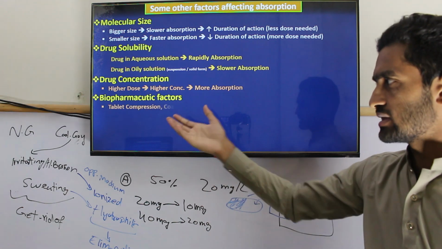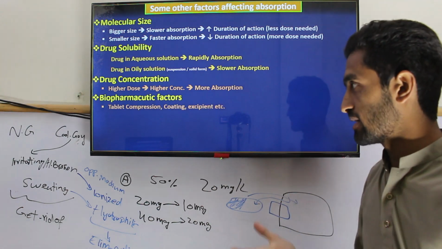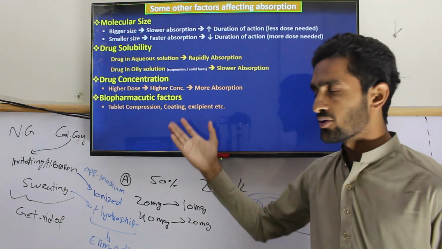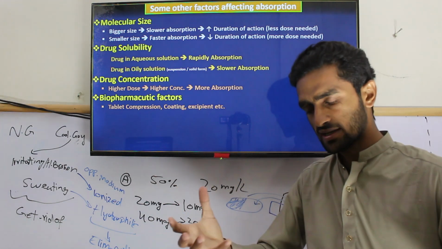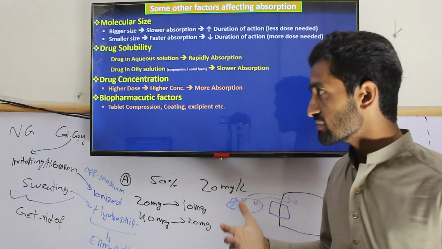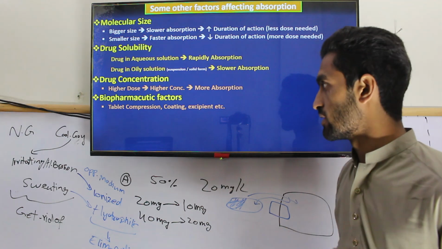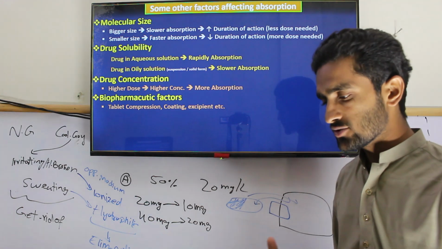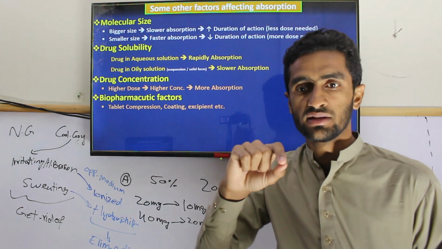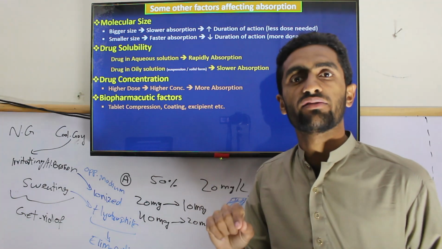Biopharmaceutical factors, for example tablet compression, coating or excipient. Coating, you know, most drugs are coated, so it actually affects your absorption rate. Excipient is the term used, for example, when a drug label says 500 mg.